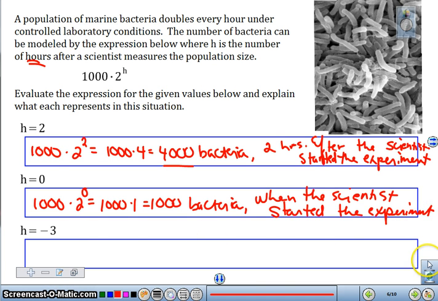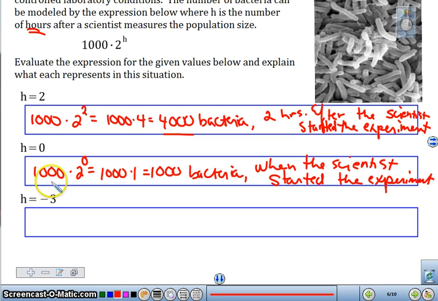0 hours. Well, this last one is asking us, what does it mean when H is -3? Again, negative exponents don't mean negative, they mean reciprocal. So we're going to take 1,000 times 1 over 2 to the third, which really means 1,000 divided by 2 to the third, which is 8.